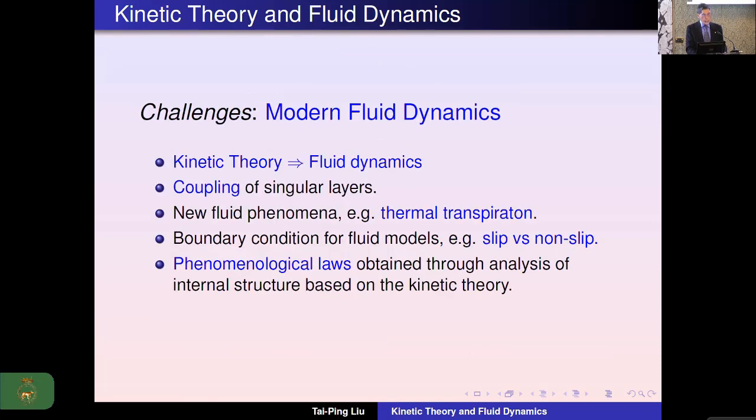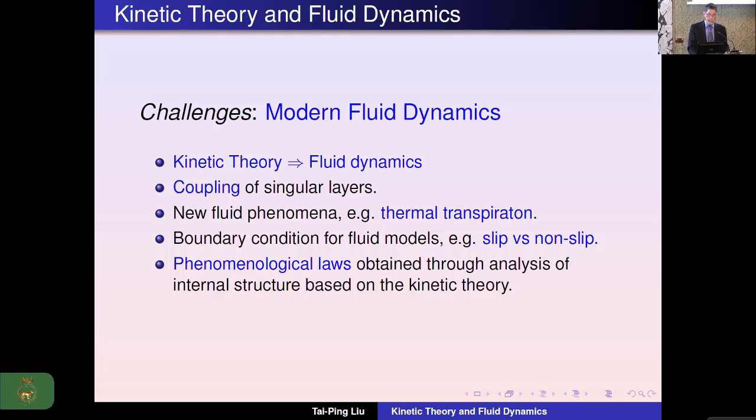So the challenge in the field is that, suppose I start with kinetic theory and go back to fluid dynamics, then you need to study all this coupling of the singular layers, which separate the fluid dynamic region from the truly kinetic region, and which occur on the boundary, near the shock, and in the initial layer.